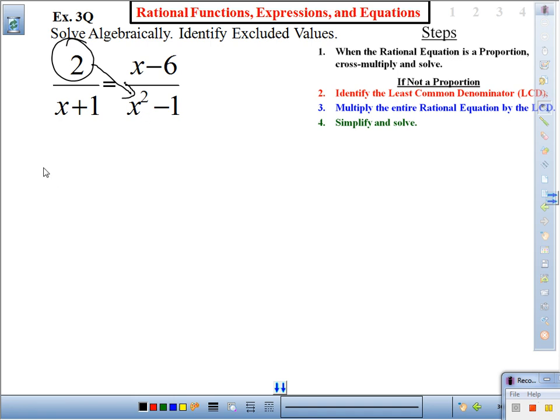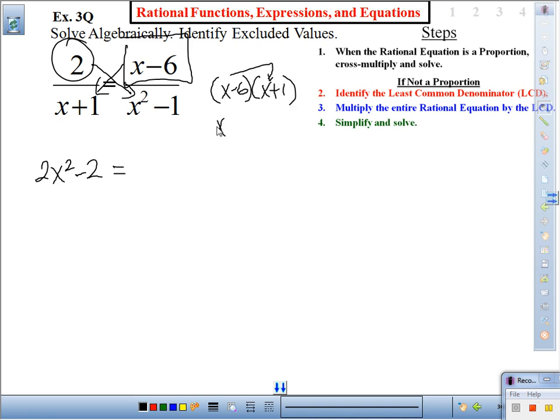So what is 2 times x squared? 2x squared. 2 times -1, -2 equals -x minus 6 times x plus 1. I'm going to do the multiplication on this side. x minus 6, x plus 1. So x times x, x squared. x times 1 is 1x. -6 times x, -6x. -6 times 1 is -6. Combine like terms, so we end up with x squared minus 5x minus 6.